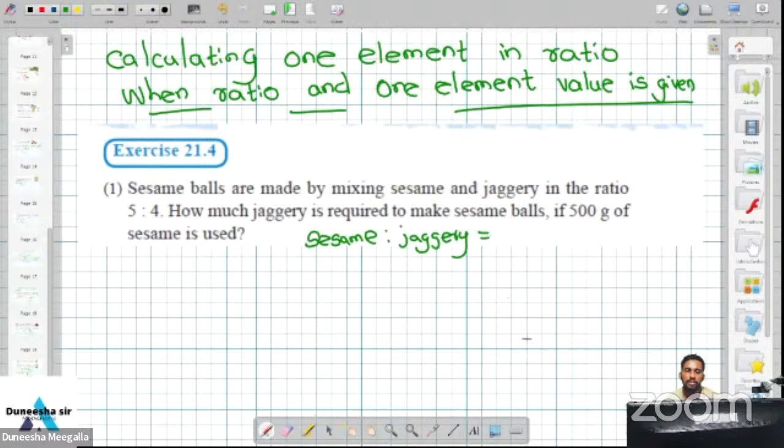What is the ratio? Five to how much? Can you tell me?